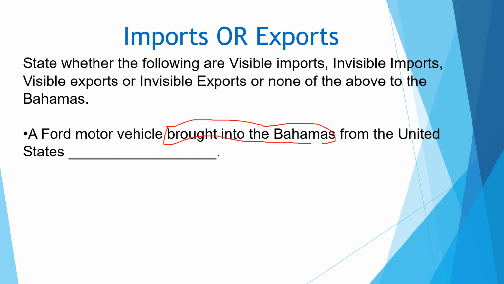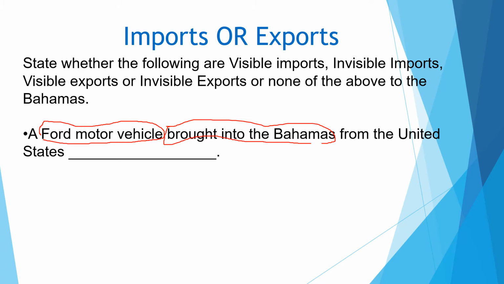from the United States. What are we bringing in? A Ford motor vehicle. Now, the first question you're going to ask yourself, is this imports or exports? This item is being brought into the country, therefore it is imports. Now you need to determine whether it's visible or invisible.